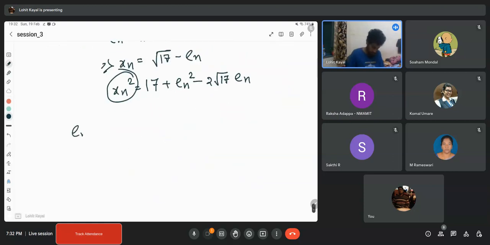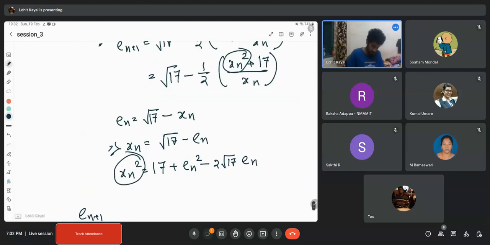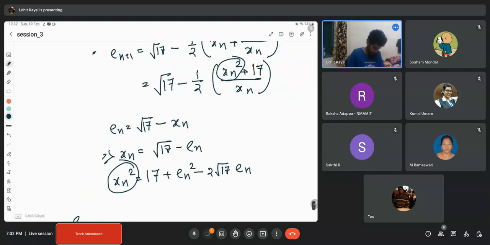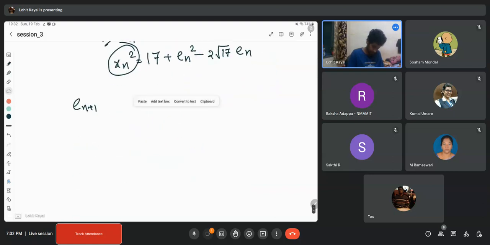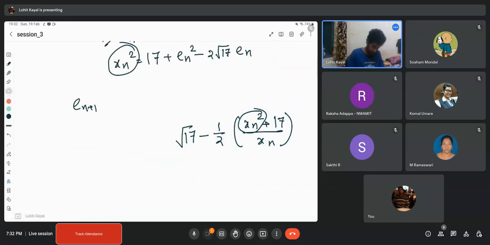So this is my en plus 1. So I will substitute it here.